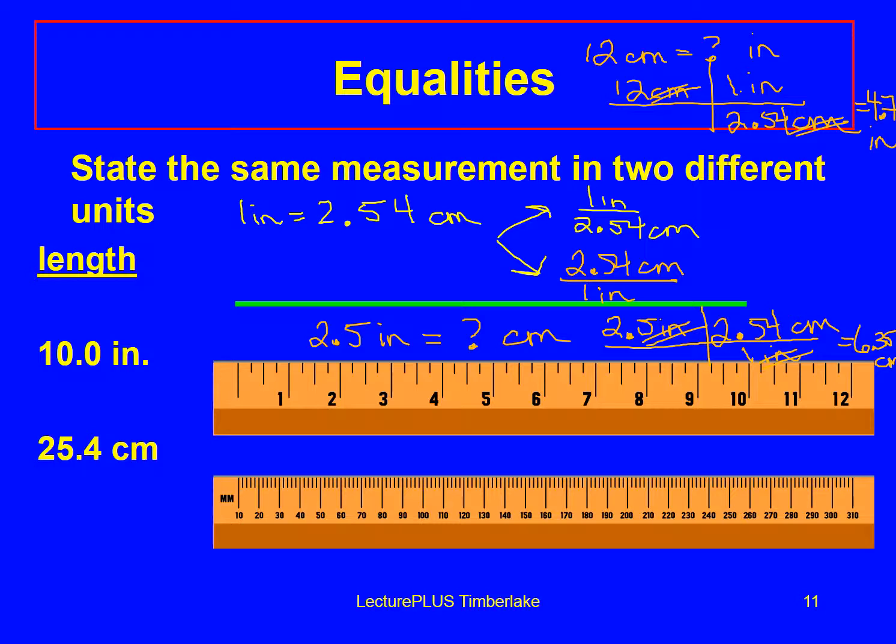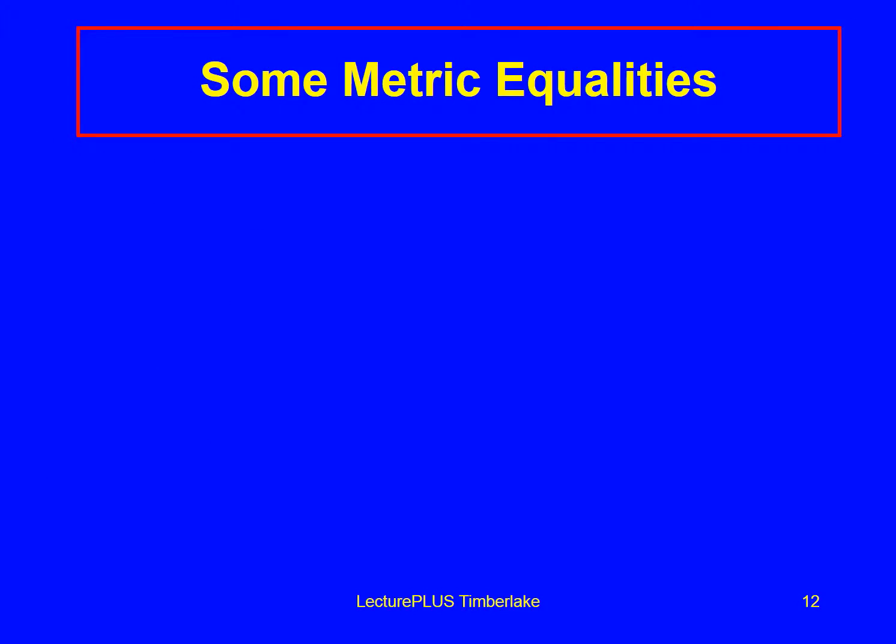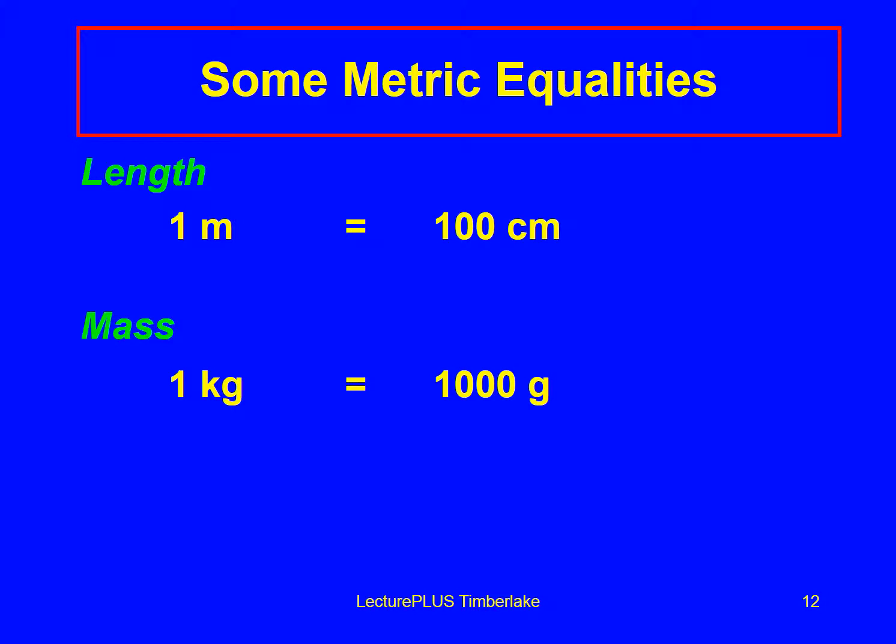It's all about canceling units and making sure that units are on opposite sides so that they cancel out. So here's some metric equalities, and these are basically what we just did, and I'll show you a shortcut in order to do this after I show you the dimensional analysis way.